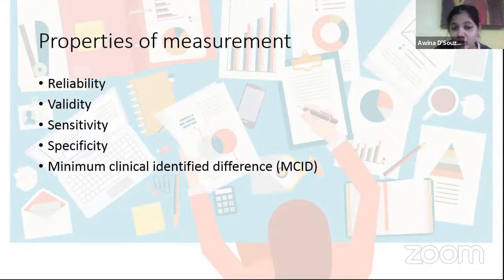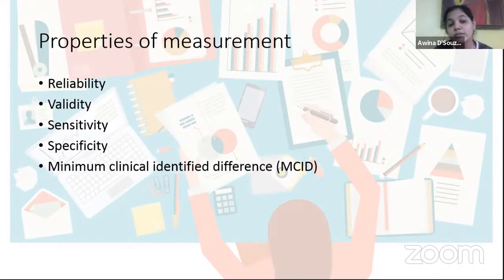Minimum clinical difference is basically when the treatment is applied to the person, there is a particular level wherein you see that, okay, when this much difference has happened, it is a sure-shot confirmation that the treatment is effective. So that is seen on the scale.